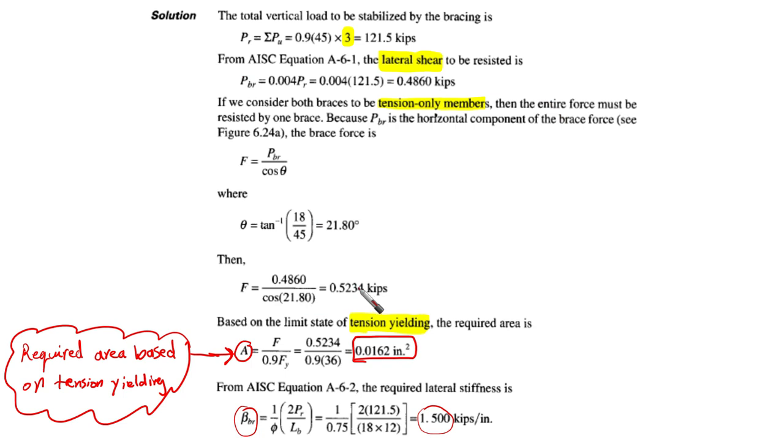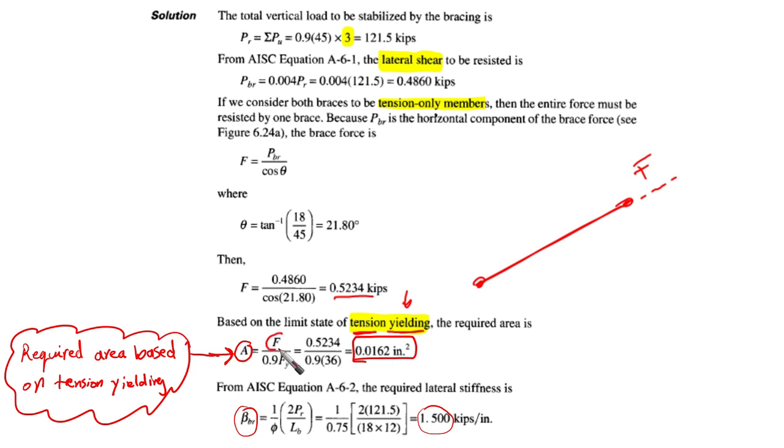Well, if this is the force, based on the limit state of tension, we're going to assume that this tension member is going to be under force. This force is 0.5234. This force is going to be resisted by tension yielding. We are going to assume that the failure mode is going to be yielding in tension. As you know, in members in tension we have two different types of failure modes. We are going to assume the tension yielding failure mode.